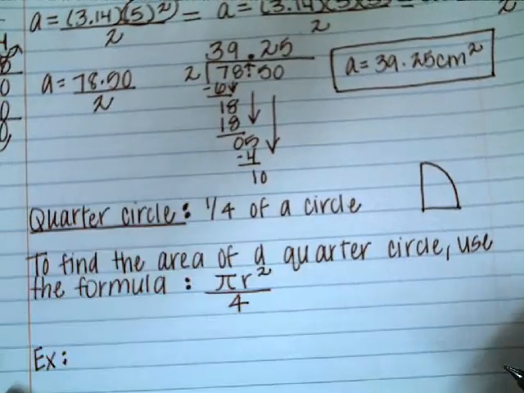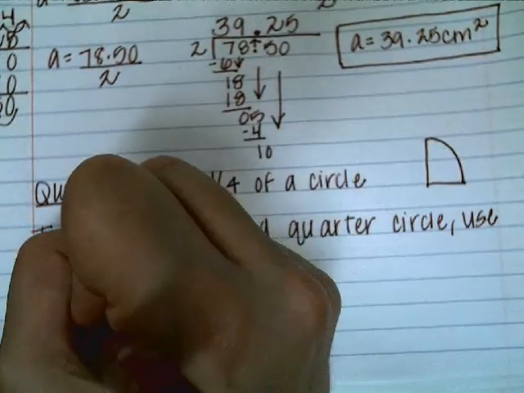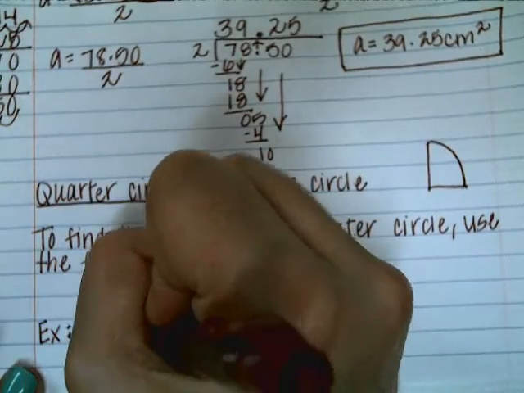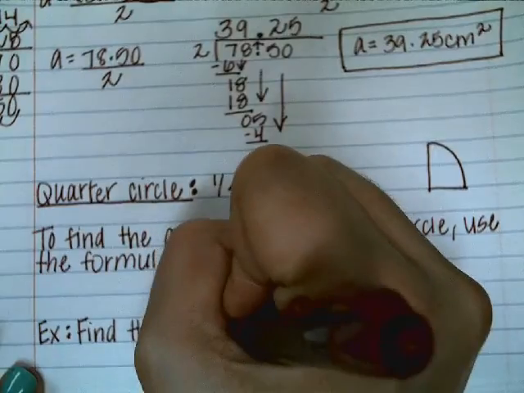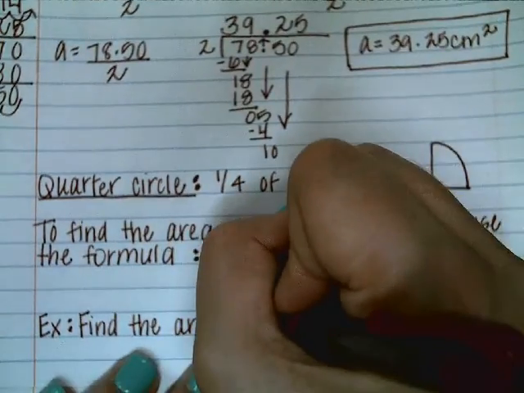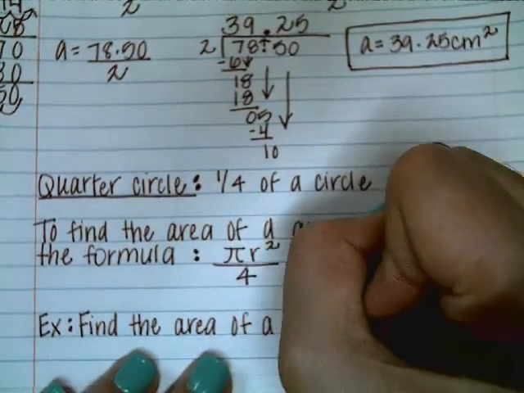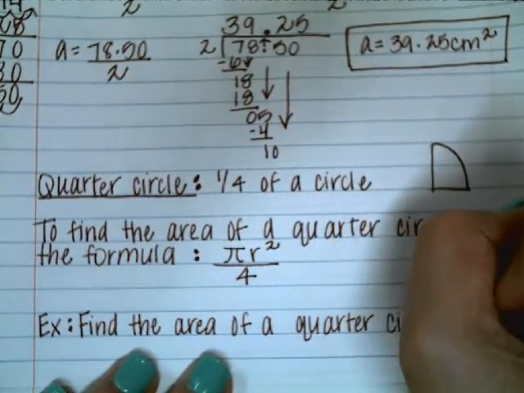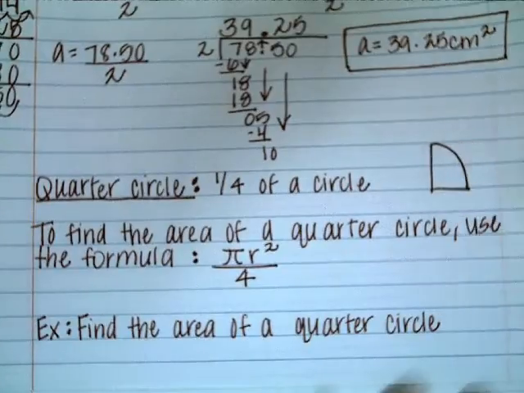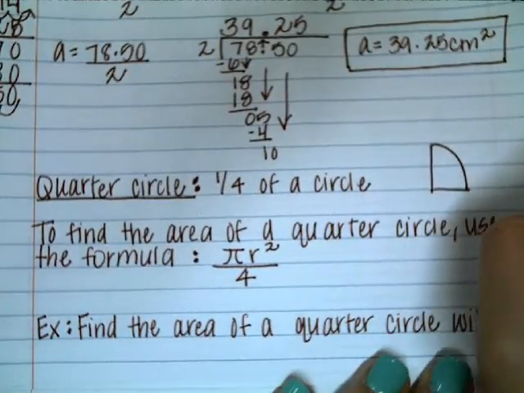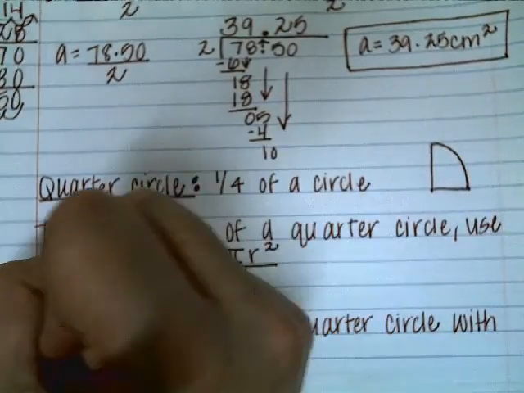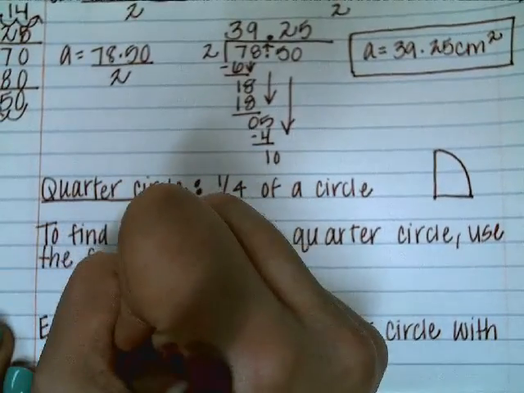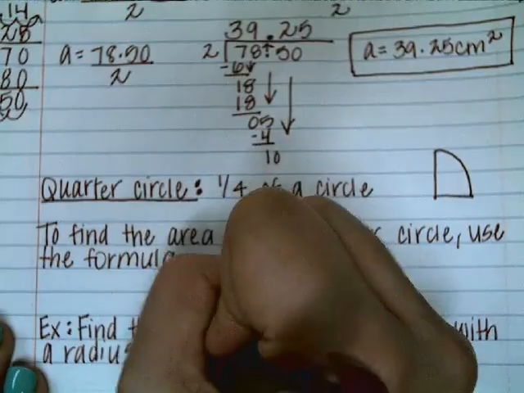Our example is find the area of a quarter circle with a radius of 5 centimeters.